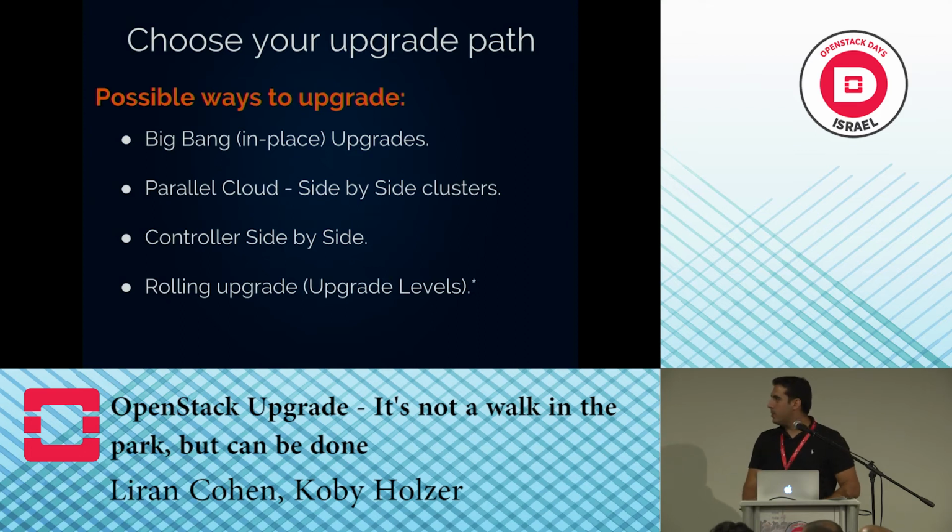Okay, for the third way of upgrading, it's the controller side-by-side. I'm going to go into the details of that in the next slide, because this is the way we are going to describe how LivePerson is upgrading the clouds. And the fourth one is something that we didn't test yet. It's the rolling upgrade.